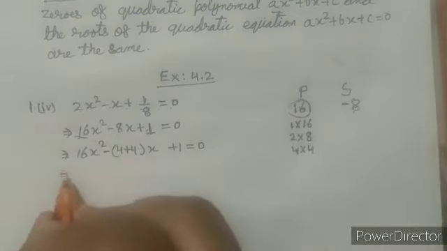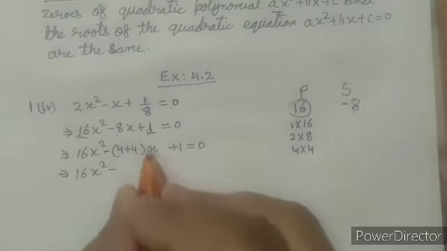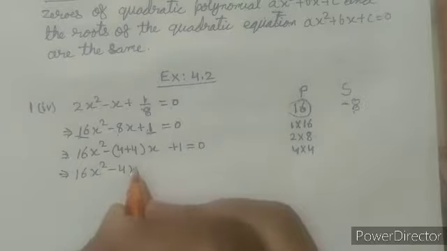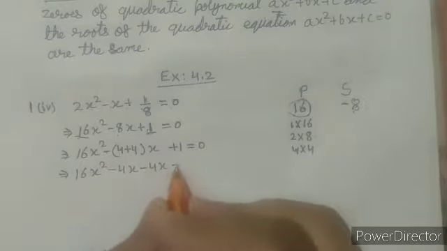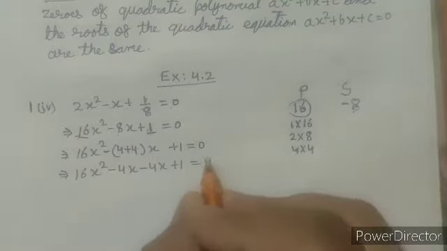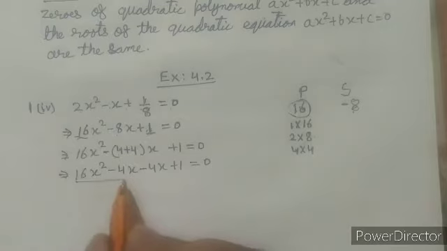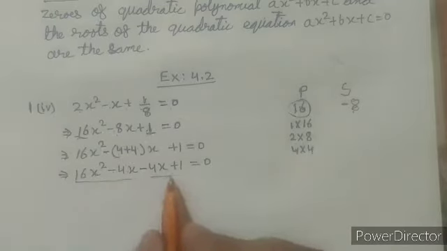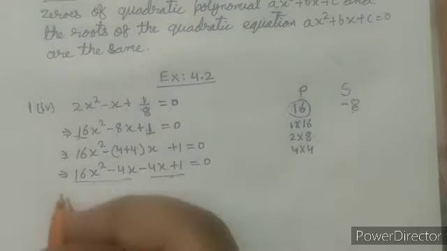Now this will give us 16x square minus 4 into x, which is 4x. Now minus plus will be minus, 4 into x will be again 4x, plus 1 equal to 0. Now we will take the HCF of 16x square minus 4x as common, and then the HCF of minus 4x and 1 as common from these two.